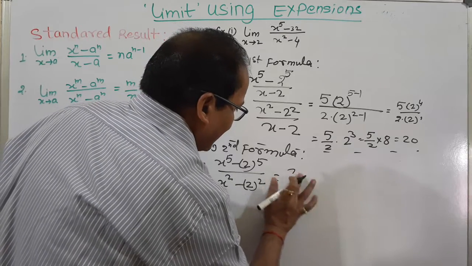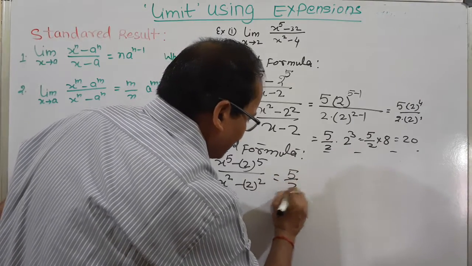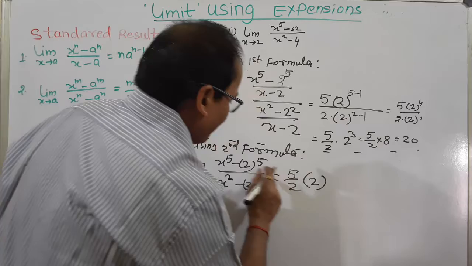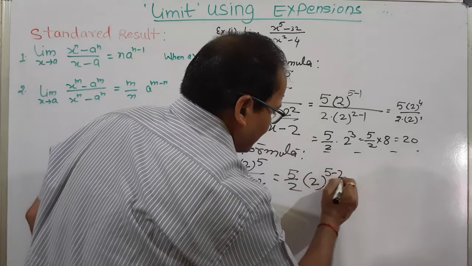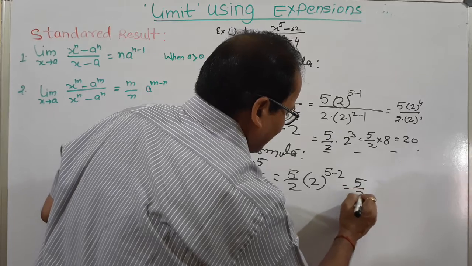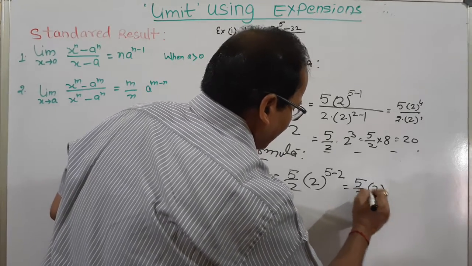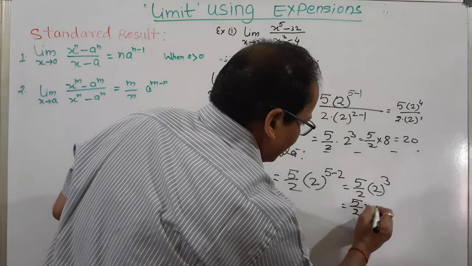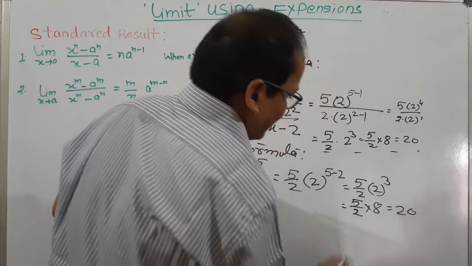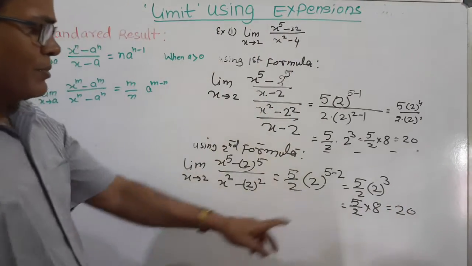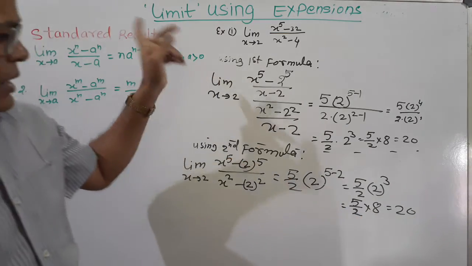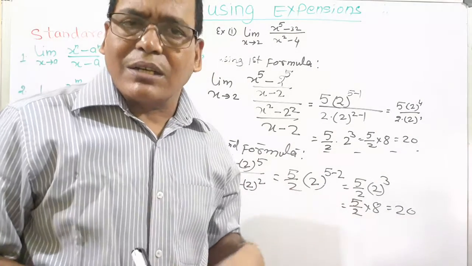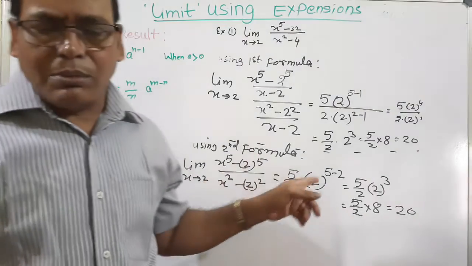Directly we can write 5 divided by 2, and a to the power m minus n means 2 to the power 5 minus 2. 5 by 2 into 2 to the power 3 is equal to 5 by 2 into 8, which is equal to 20. So either you use the first formula or the second formula, you will always get the same answer. Whichever you feel is easy and convenient, you can use that formula.